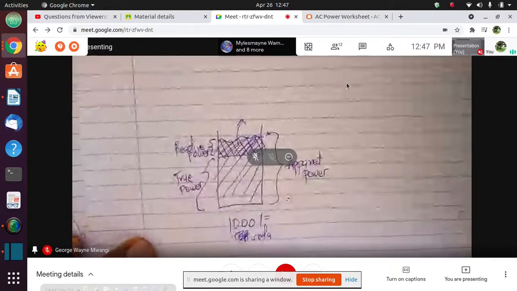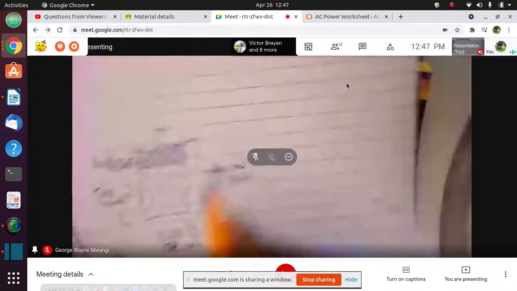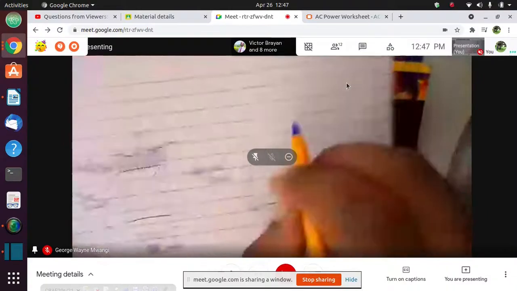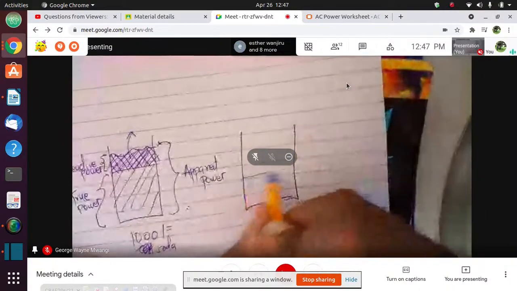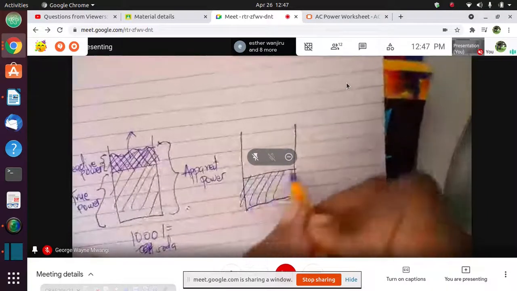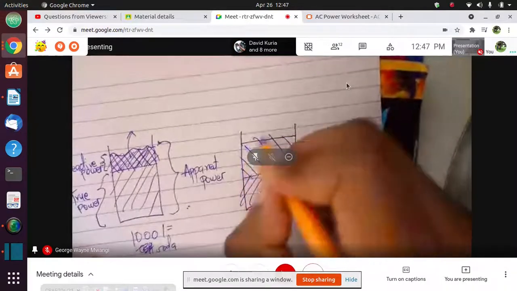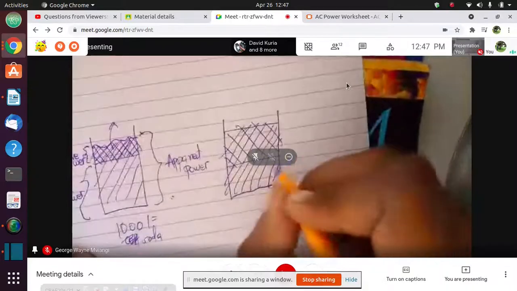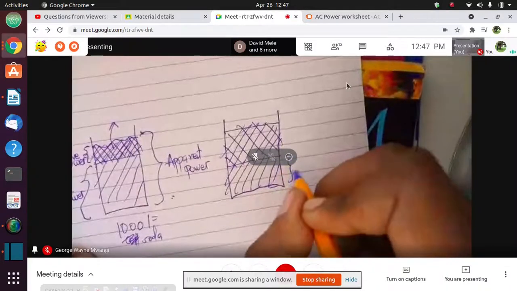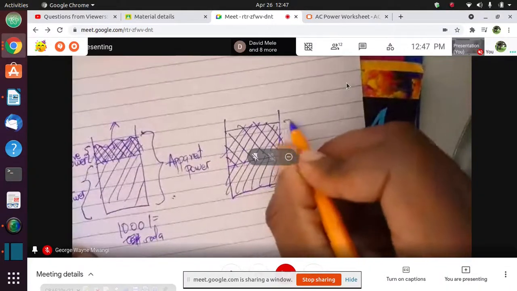Okay? Now, when you pay 1,000 shillings for a soda, you and another person pay the same amount for the soda. And you will find that there is one whose true power is this, and this is reactive.